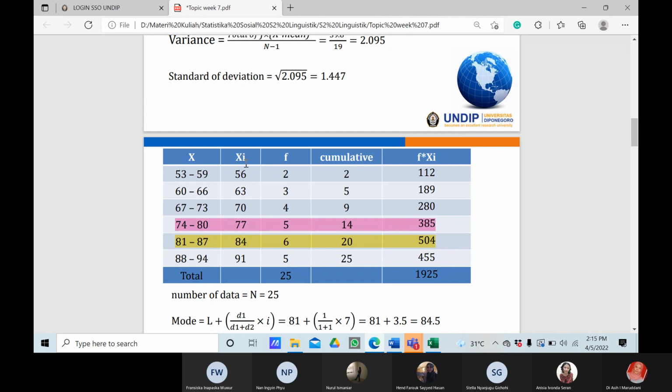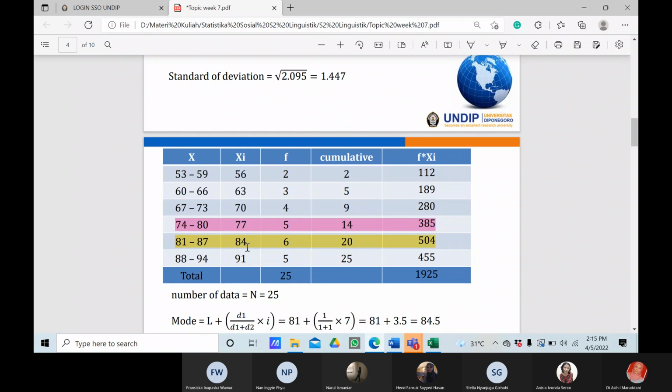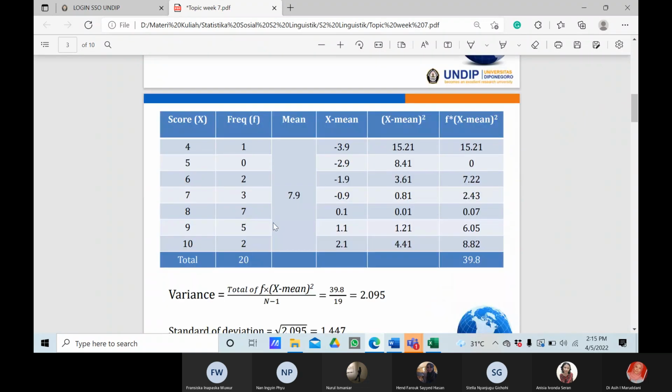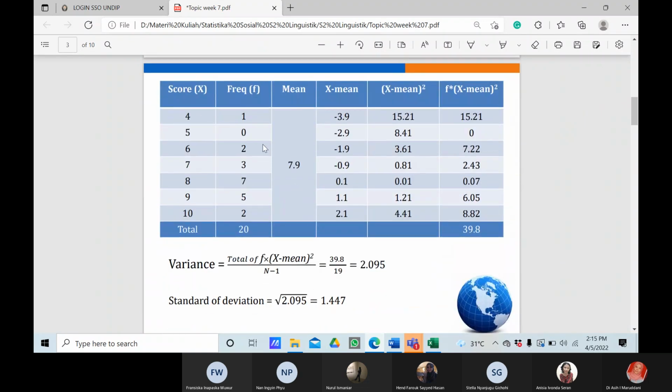Then you replace the calculation from the interval with the midpoint.